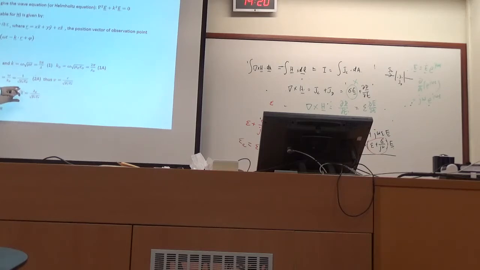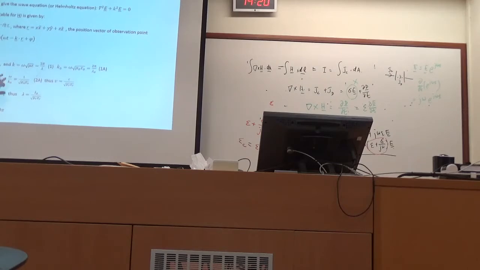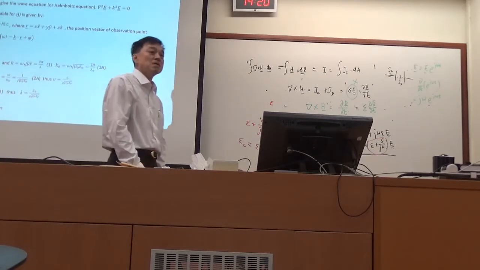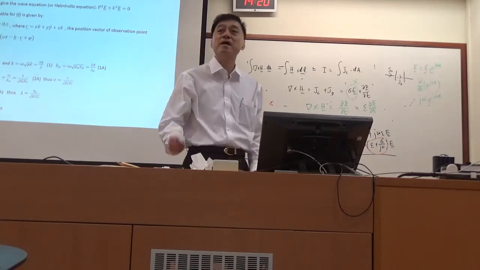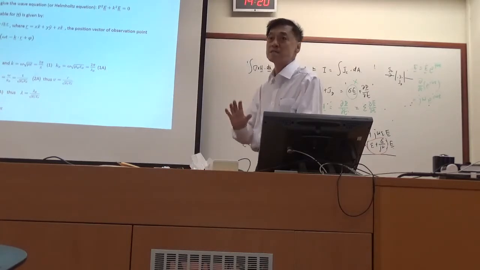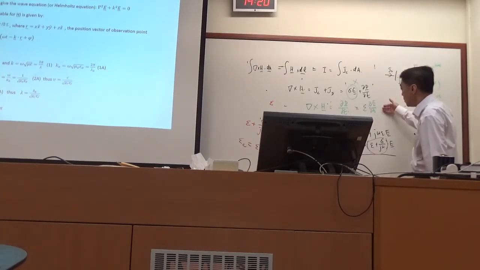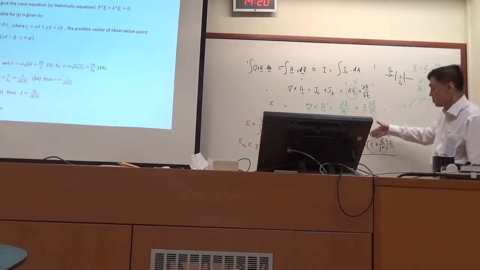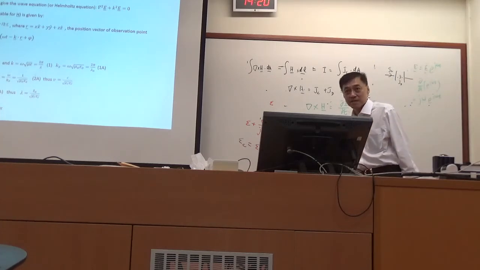I just replace epsilon here with epsilon C, and everything else is the same. The solutions are actually very simple. The transition from lossless to lossy is just replacing epsilon with this epsilon C, which is a complex number.